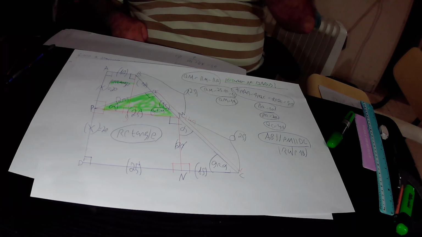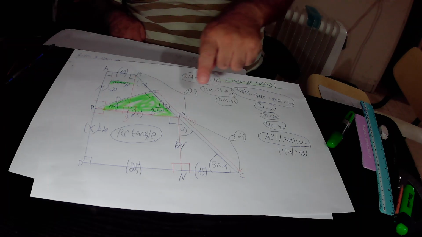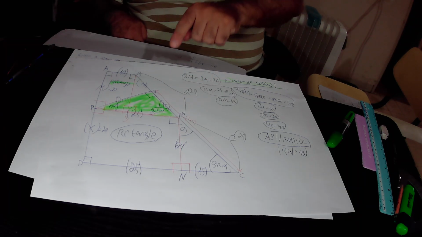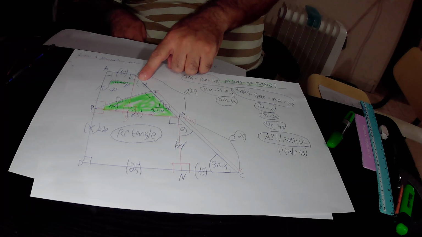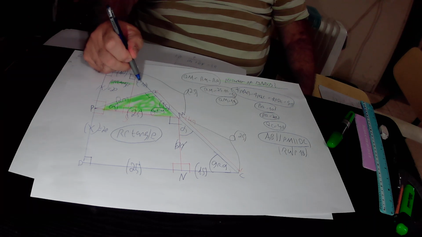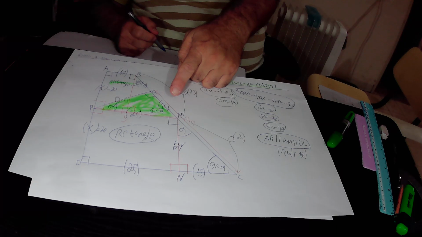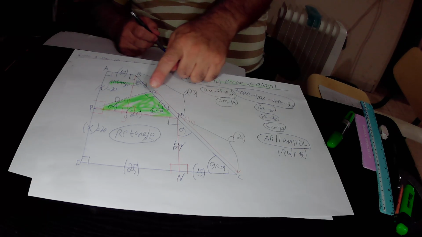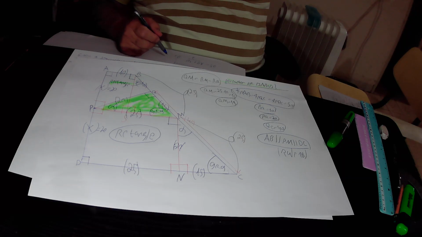But before that, in triangle BSM, this angle equals 90 degrees minus alpha. This angle equals 90 degrees, and therefore this first angle must be equal to alpha, because alpha plus 90 degrees minus alpha is 90 degrees, and 90 degrees plus 90 degrees is equal to 180 degrees. That is the sum of the angles in any triangle.